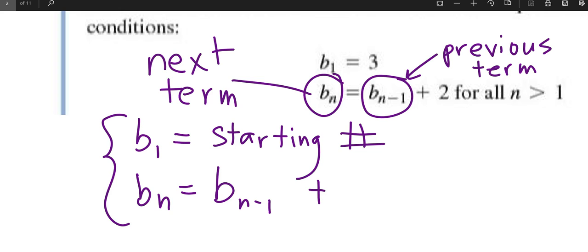Either it's going to tell me to take the previous one and multiply, or add, or subtract, or divide, or something. In this case, they're telling me to add a number. But this could very well be something like multiply by a number, or subtract a number. Lots of things could be done to that previous number to come up with the next one.